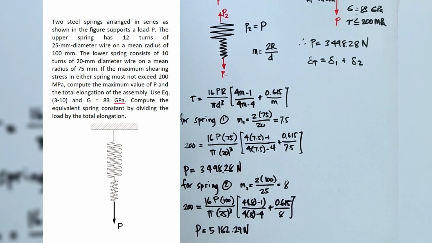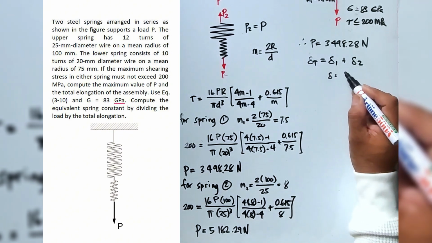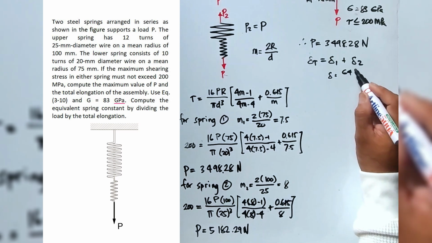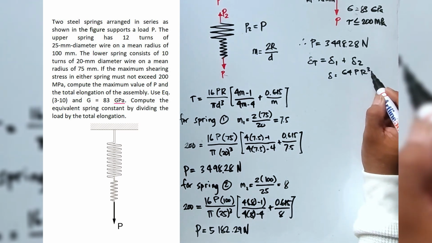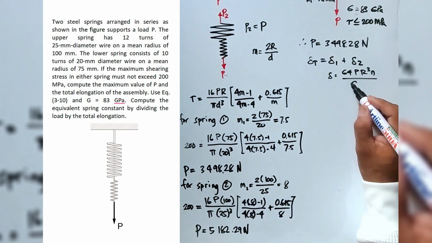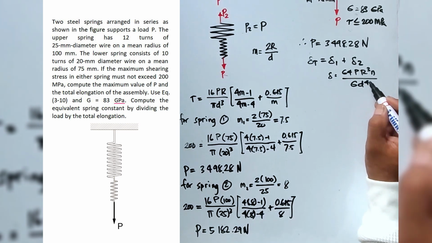For deflection, it's obvious that the total deflection is the total of the two deformations or elongations using the value for P, which is 3,498.28. Now, deformation is 64 times P times R cubed times N divided by G divided by D to the fourth.